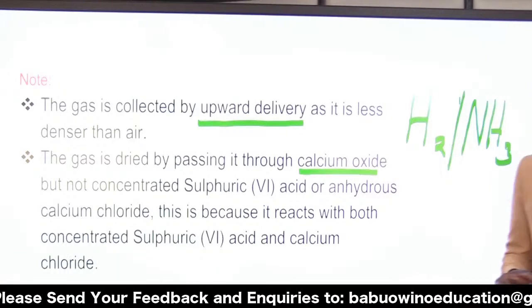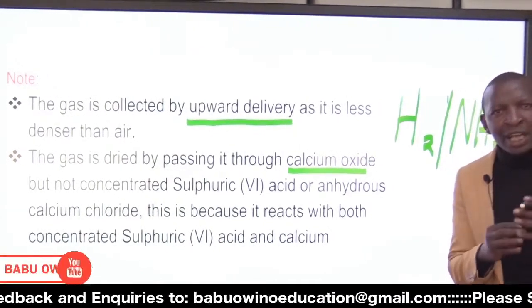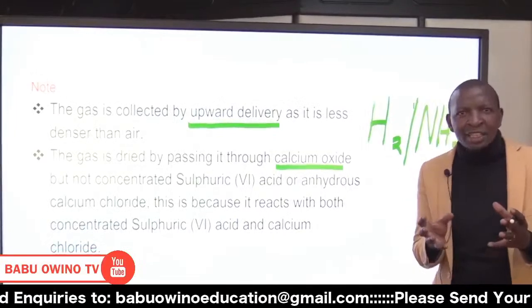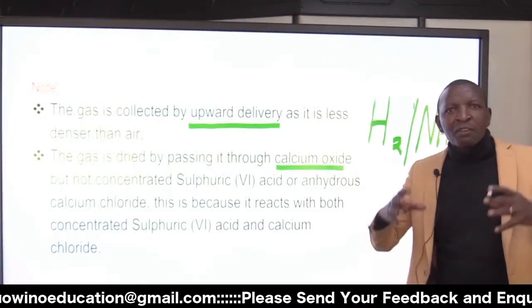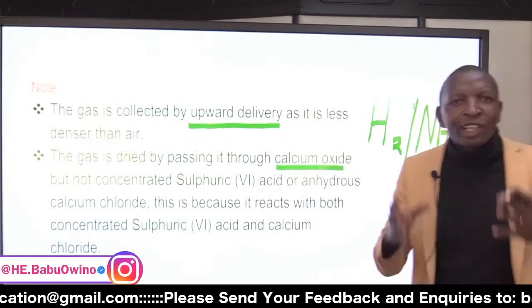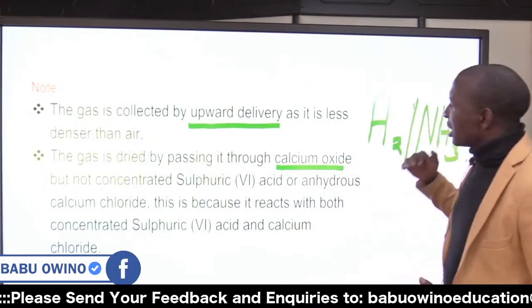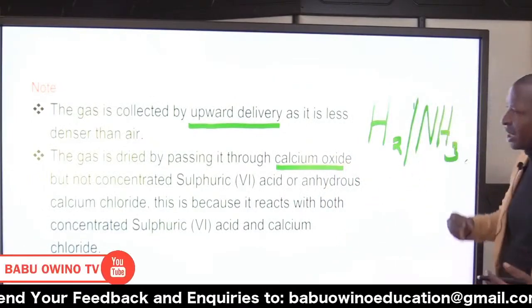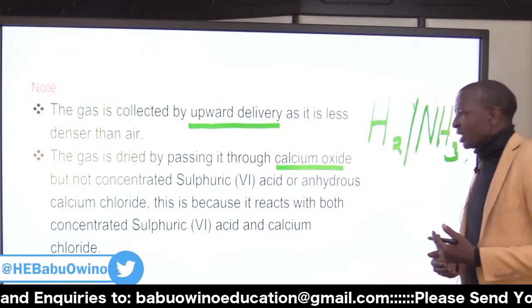Very important. A gas should never be dried using a drying agent which can react with it. So ammonia can react with both fused calcium chloride and concentrated sulfuric acid, and therefore you should never use either anhydrous calcium chloride or concentrated sulfuric acid.